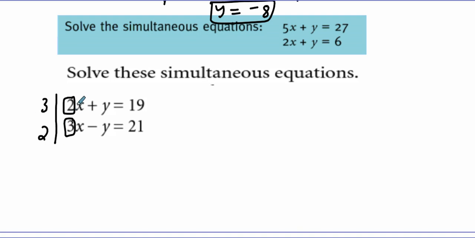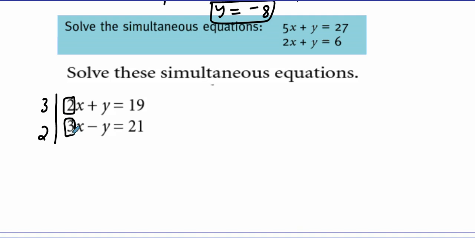Because I want to remove letter x, but letter x has 2 and 3. These numbers 2 and 3 are not the same. In order for you to remove a letter, you must ensure that the numbers on that letter are the same. But in this case, the numbers on x are not the same. Those numbers are not the same.